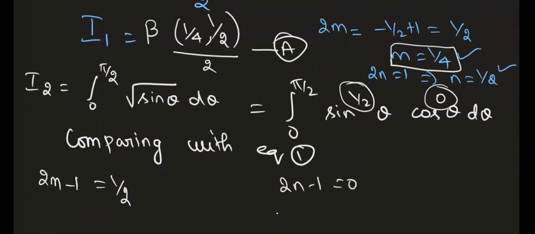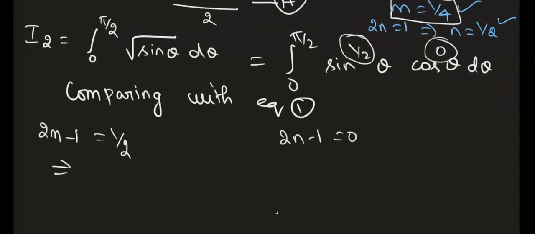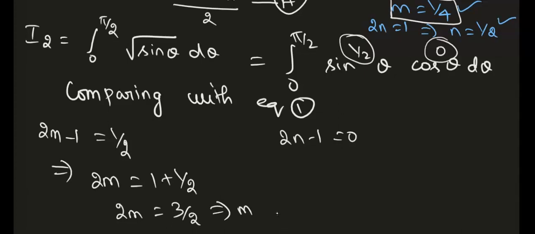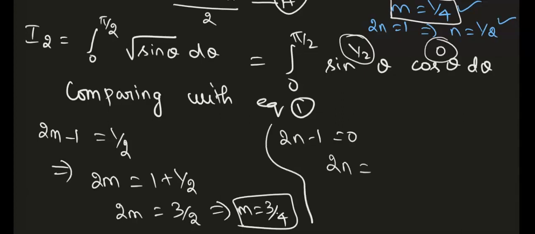From this we can find m, which implies 2m is equal to 1 plus 1 by 2. So 2m is equal to 3 by 2, which implies m is equal to 3 by 4. And then 2n is equal to 1, therefore n is equal to 1 by 2.